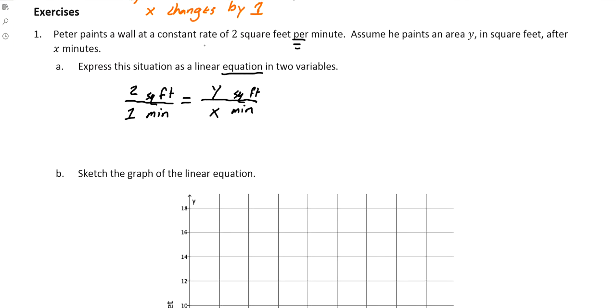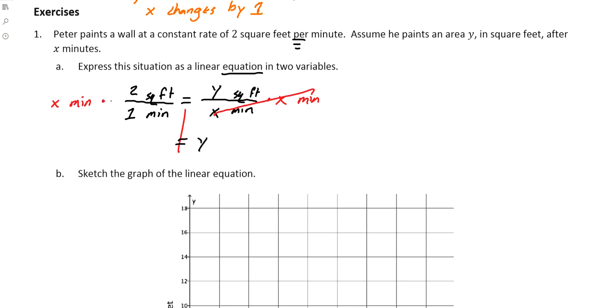Meaning that let's set this up so that we have just y by itself. So to get y by itself, we're going to have to move that x. So there we go, we have times x minutes. Whatever I do to one side, I have to do the other. So we'll have times x minutes here. The whole reason I did that is so that that would cancel out. So we would have just y left on this side, y square feet.